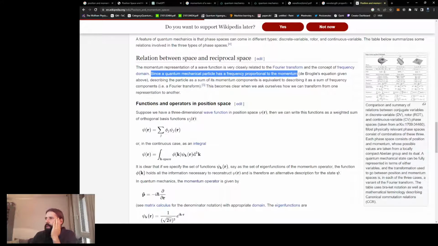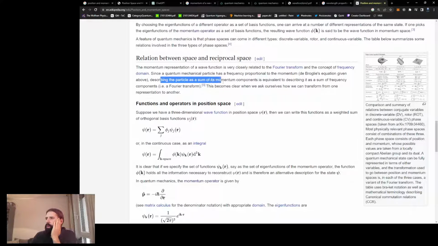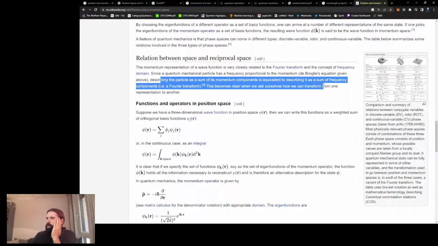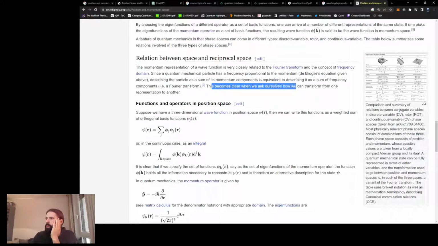Since the quantum mechanical particle has a frequency proportional to the momentum, describing the particle as the sum of its momentum components is equivalent to describing it as the sum of frequency components. So the Fourier transform.